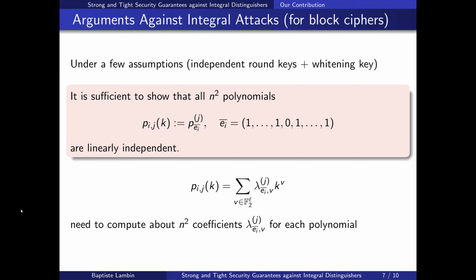So the vectors ei, which are equal to 1 everywhere except in one coordinate. And so now we only need to show that n squared polynomials are linearly independent, which means we only need to compute about n squared coefficients lambda for each polynomial.